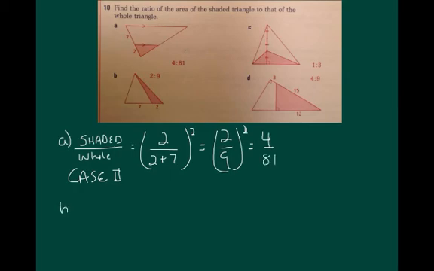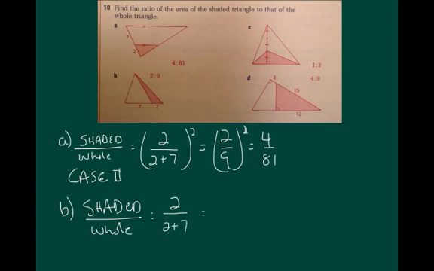Okay, let's take a look at B. In part B, we have two triangles that aren't similar, but the shaded to the whole appears that they share a height. So since they share a height, I'm going to compare the bases. So one base is 2, and the whole base is 2 plus 7, so the ratio of the areas is 2 to 9. All right, let's take a look at C.